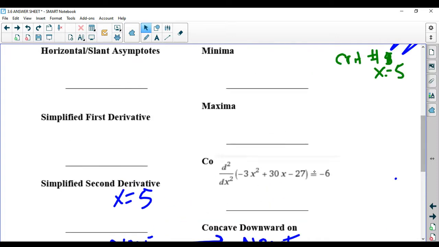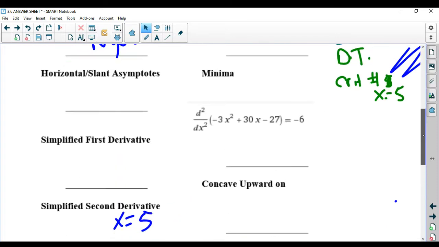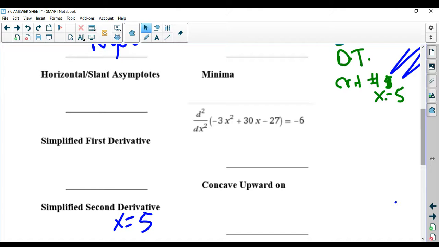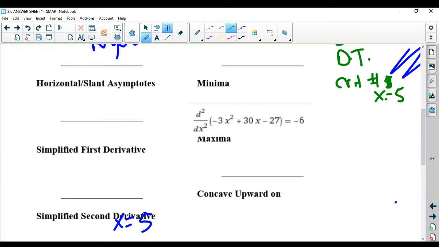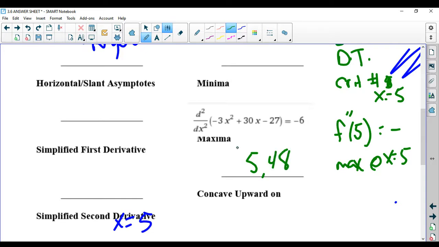So if you plug your critical number into the second derivative, you'll get negative 6 because that's what it is. A negative in the second derivative test means the critical number is a maximum. So this means maximum at x equals 5. And we already did 5 comma 48. So that's a maximum. There is no minimum.